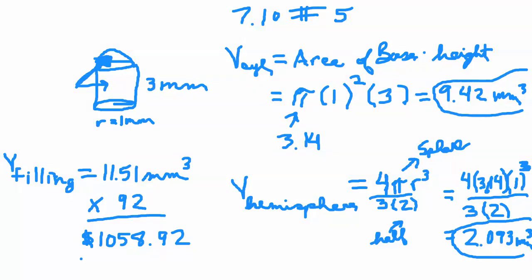We have 1,058.92, and the 2 we cannot round up because it's less than 5. But you're rounding to the nearest cent, to the nearest penny, so it'd be $1,058.92. Yeah. Final answer. Oh yes, that's right.